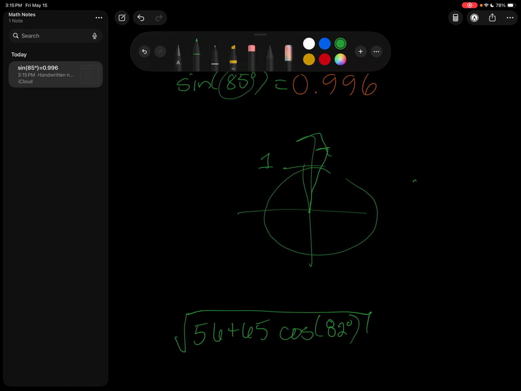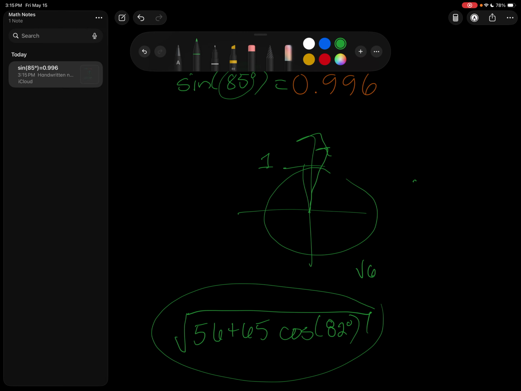Now what? What is this equal to? How do I circle it? Command Z doesn't work, huh? Well, math knows.